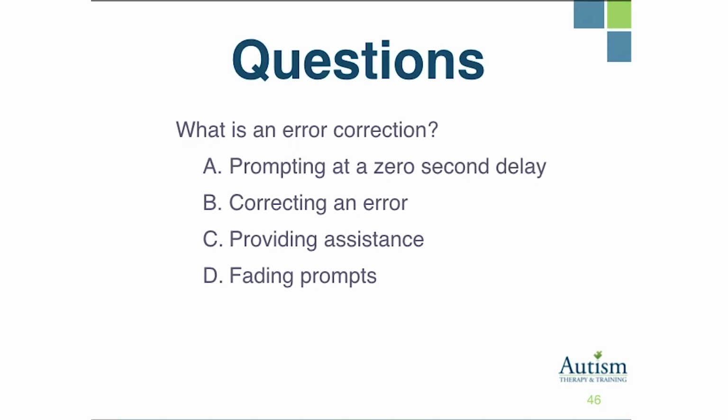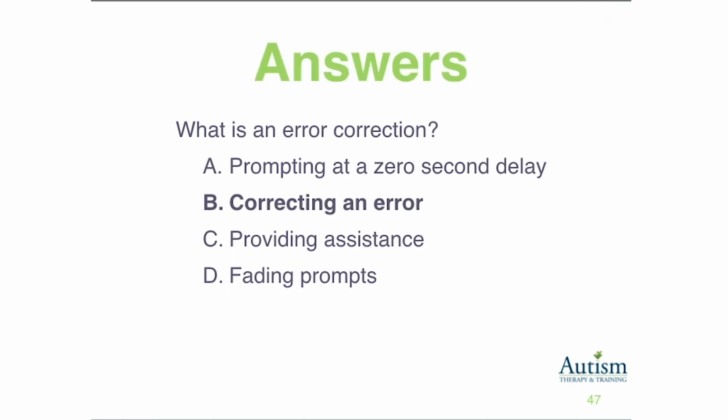What is an error correction? A, prompting at a 0-second delay. B, correcting an error. C, providing assistance. Or D, fading prompts. And the correct response is B, correcting an error.